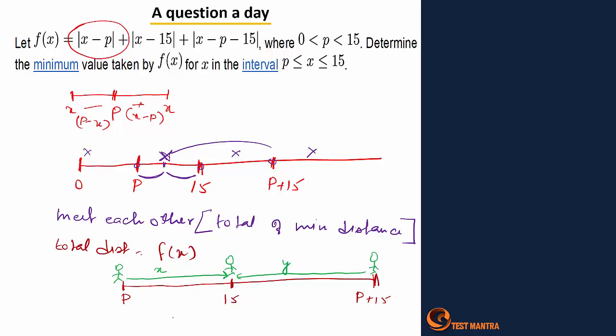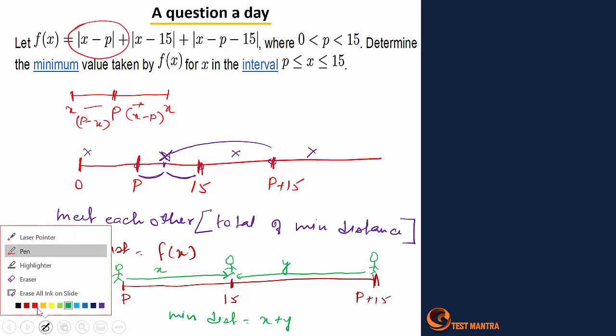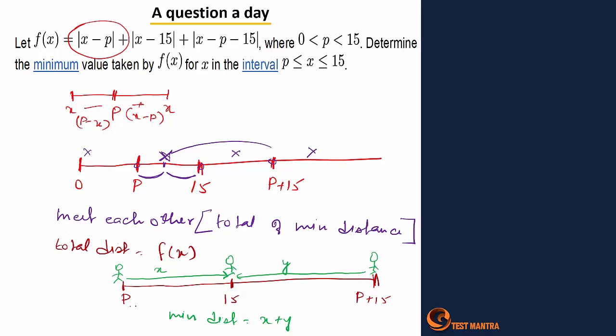So the minimum distance in this case is x plus y. Can we identify that this minimum distance is nothing but the gap between these 2 points, p and p plus 15? It's nothing but p plus 15 minus p, which is 15. So my minimum distance possible will be nothing but 15.